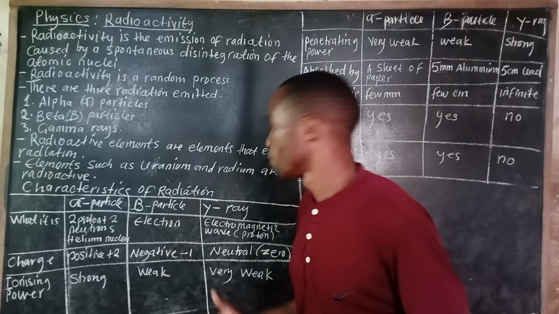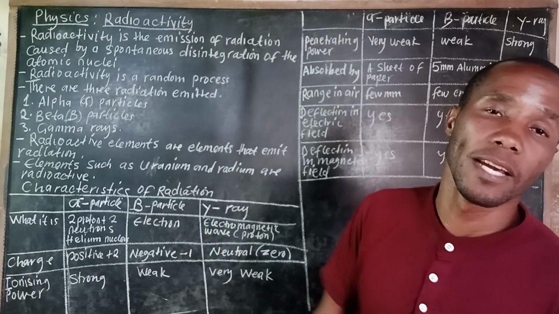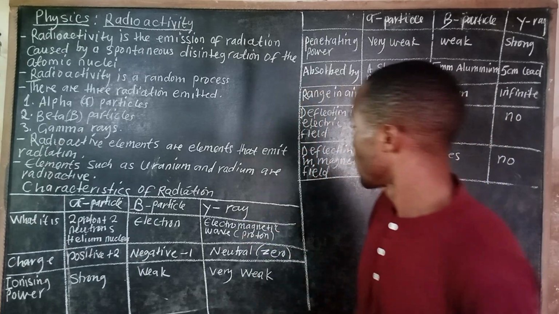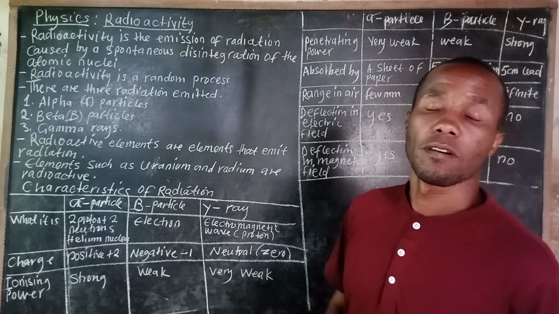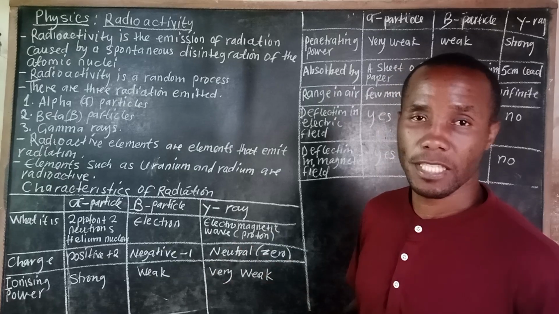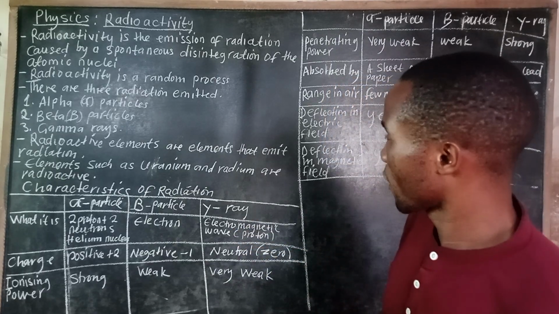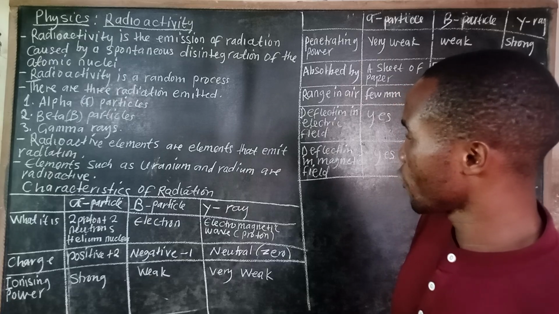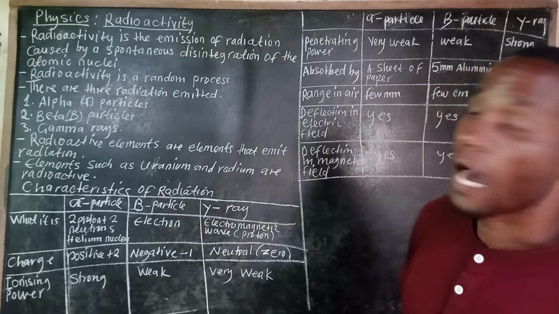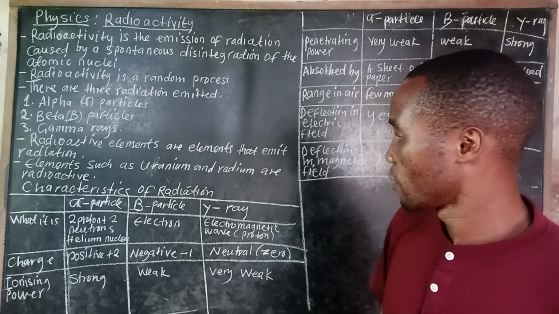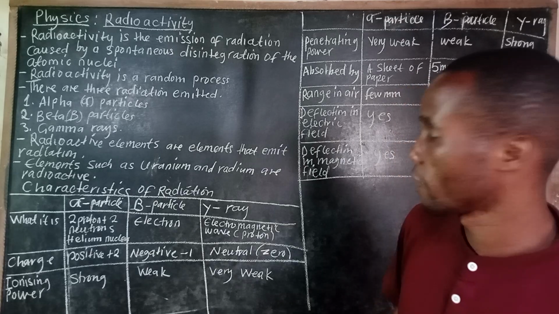Then the beta particle, that is electrons. Then the gamma ray, which is an electromagnetic wave. Then charge: the alpha particle is positively charged, two positively charged.